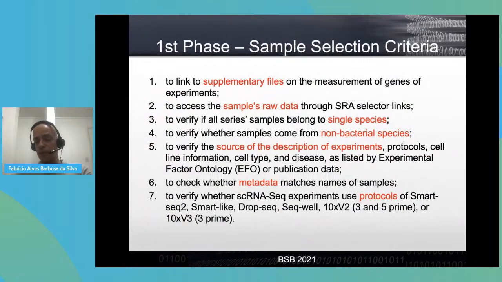Okay, for the sample selection criteria, essentially here we are using the same criteria that were defined by the European Bioinformatics Institute, EBI. So for instance, the samples raw data must be available.